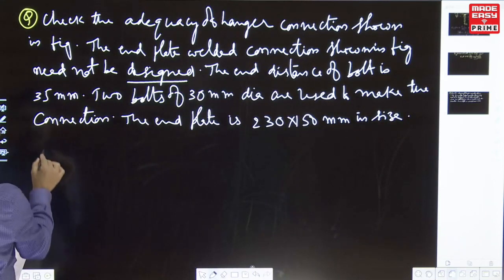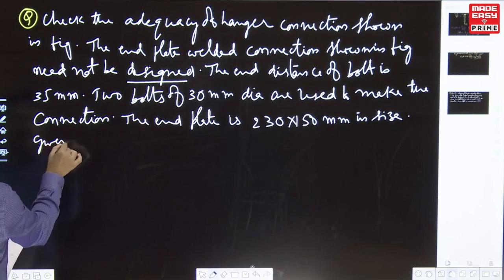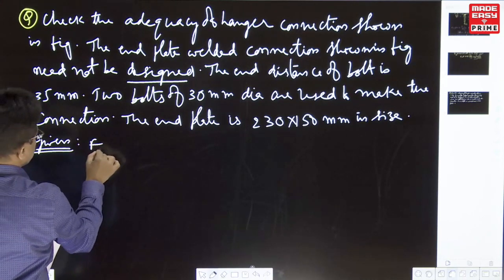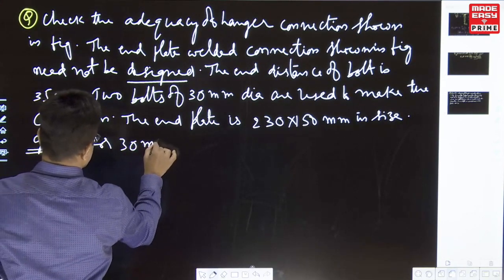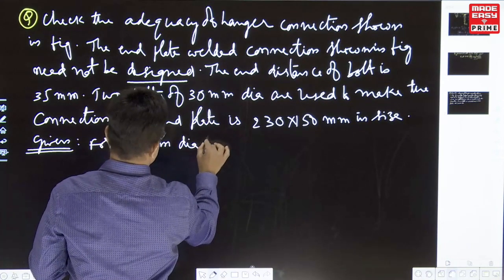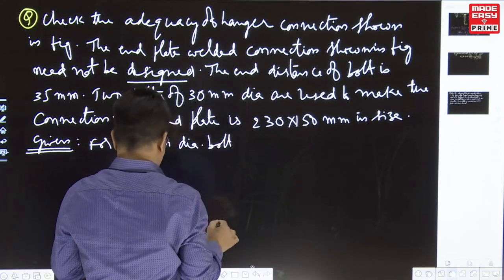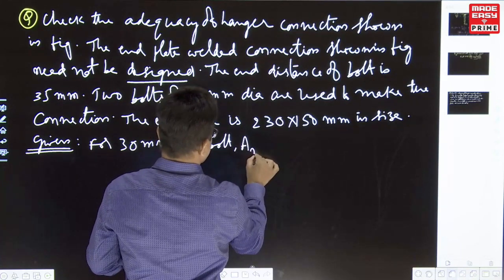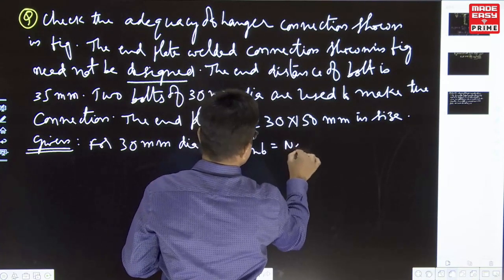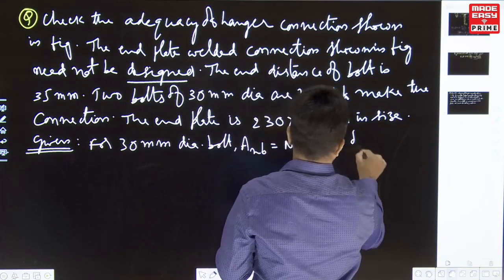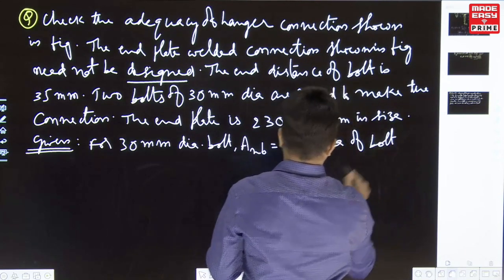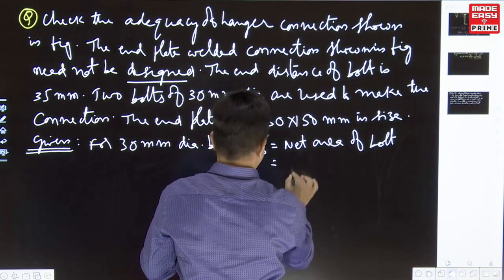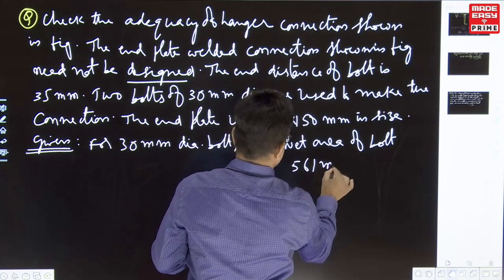For a 30 mm diameter bolt, these are the values they have given. Bolt A and B. A and B means net area of bolt. Net area of bolt is 561 mm square.